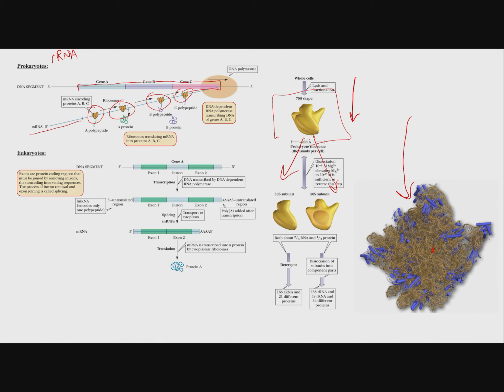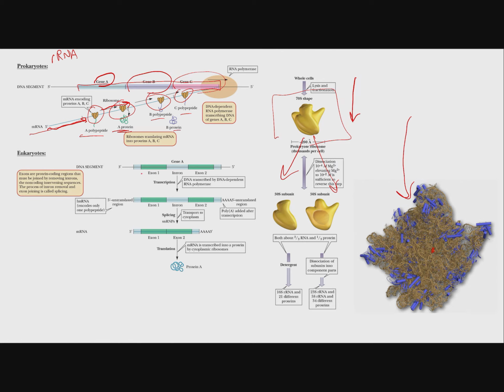You can see here there's a ribosome running along the section that would be gene A, making polypeptide A, and then as it gets to the section of gene B, it starts to make B polypeptide, and gene C polypeptide. In prokaryotes, many ribosomes at one time can be running along this mRNA, and all of the genes are encoded into a big long sequence on the mRNA.